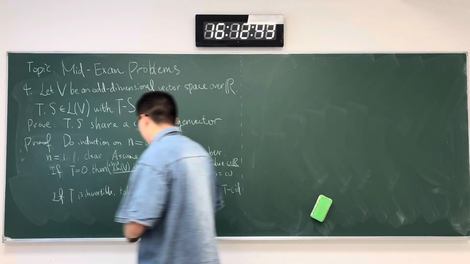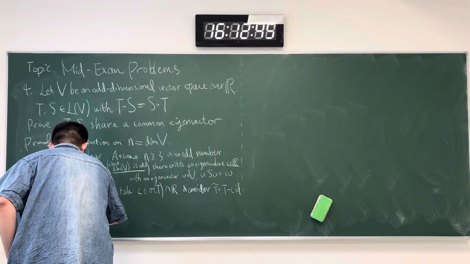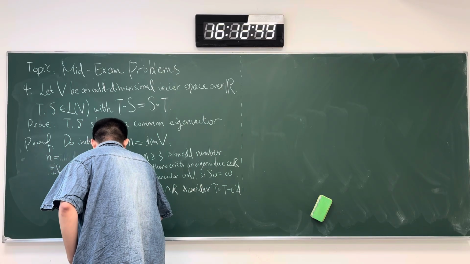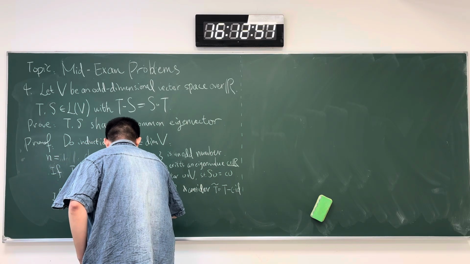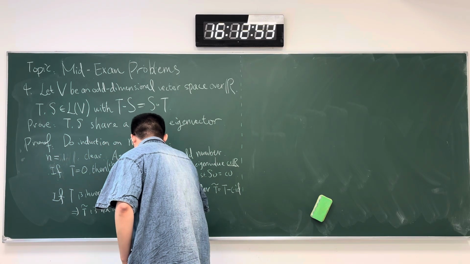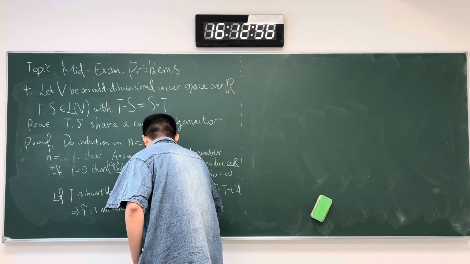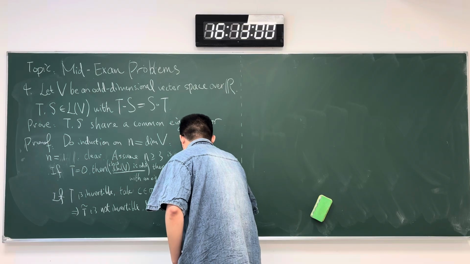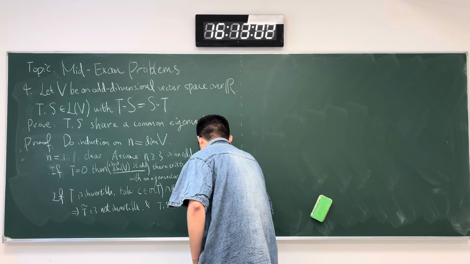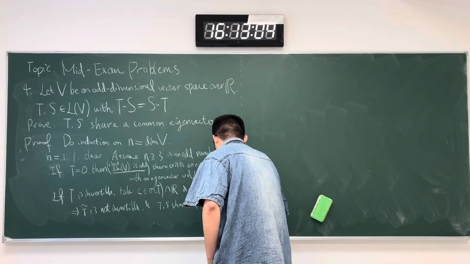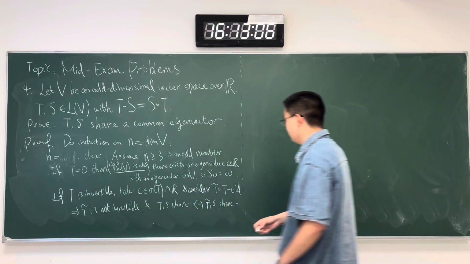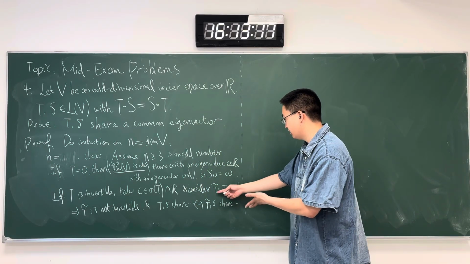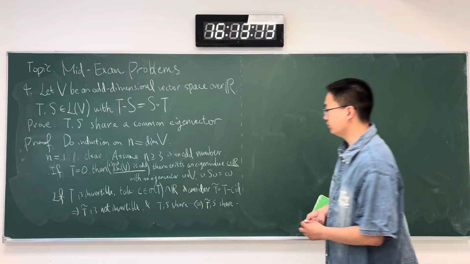So here T tilde is not invertible. And T and S share a common eigenvector if and only if T tilde and S share a common eigenvector, since the eigenvalues of T are just a c-translate of the eigenvalues of T tilde.